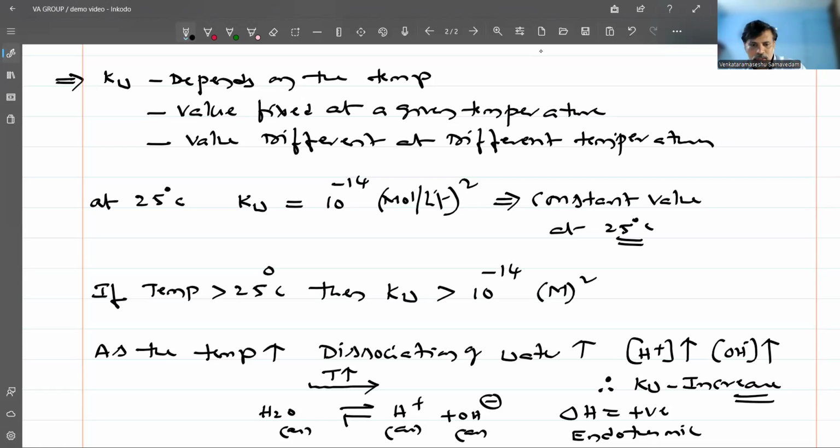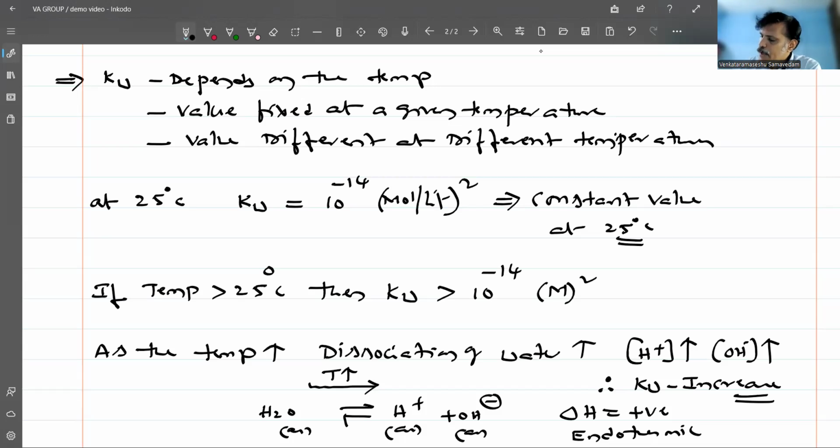When both increase, automatically the product of H plus and OH minus ions increases, and then Kw value increases. That is why as the temperature increases, dissociation of water increases, the H plus and OH minus ions concentrations increase, and finally Kw value increases.